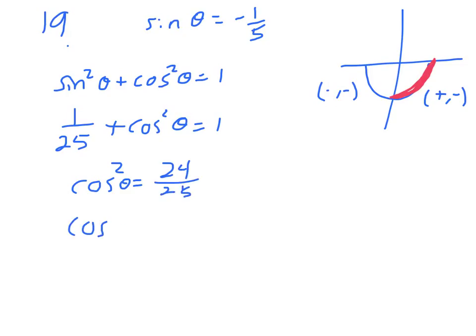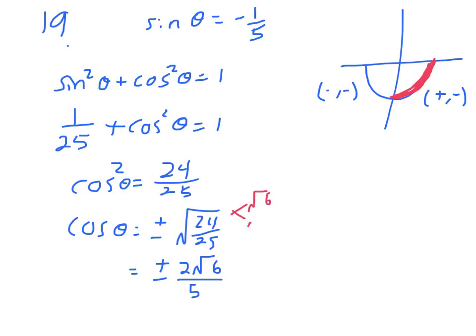So cosine of theta is going to be plus or minus the square root of 24 over 25. So that's plus or minus, well, square root of 25 is 5. And 24 is 6 and 4, so 2√6, because that is root 6 times root 4. Root 4 is 2.